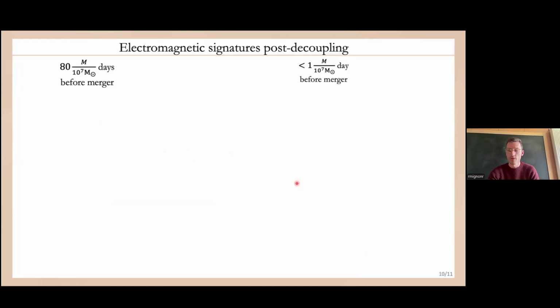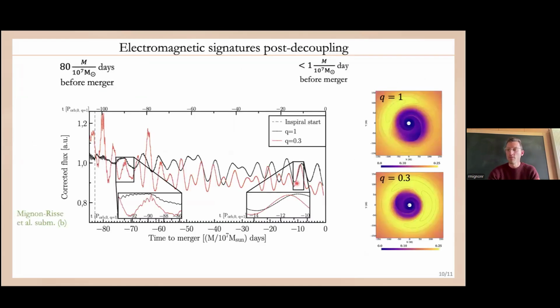The consequence is that, for the same reason as before, you will have some relativistic Doppler effect acting on the lump emission, as long as you have some inclination with respect to the circumbinary disk plane. But if that is the case, then you have a modulation from the lump that survives until really, really close to merger. In our case, it survives until the end of the simulation. And the end of the simulation for us is whenever the metric is not valid anymore, so basically when the motion of the binary black hole becomes relativistic.